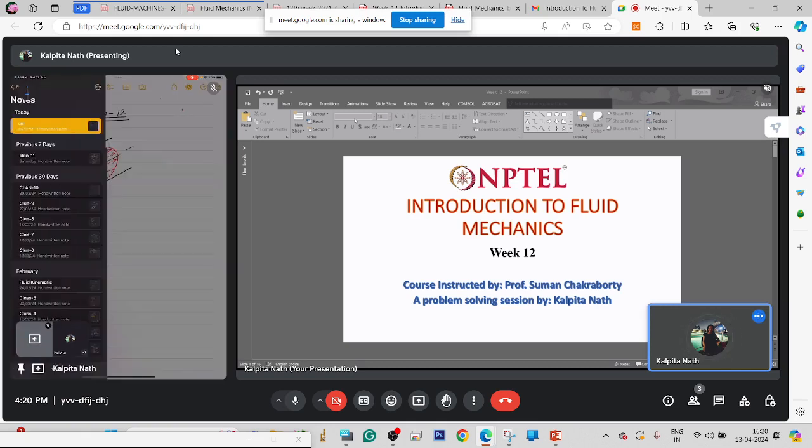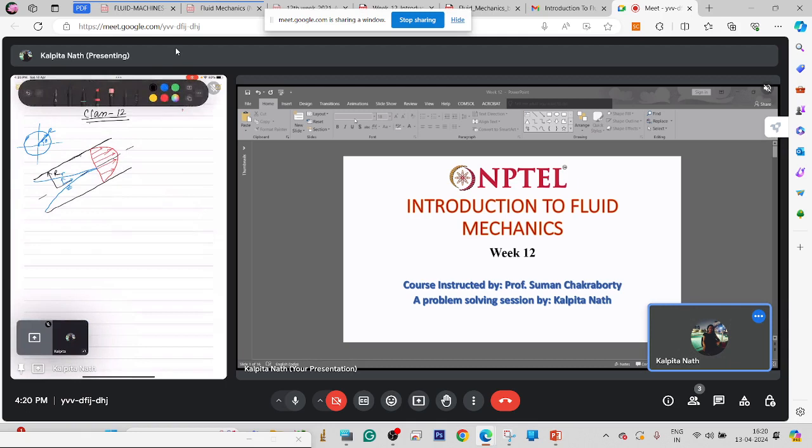This is the radius R of the pipe, and this is the horizontal. So this is the angle theta with the horizontal, which means this is an inclined pipe. This is Z. If this is g, how can we divide g into its components?